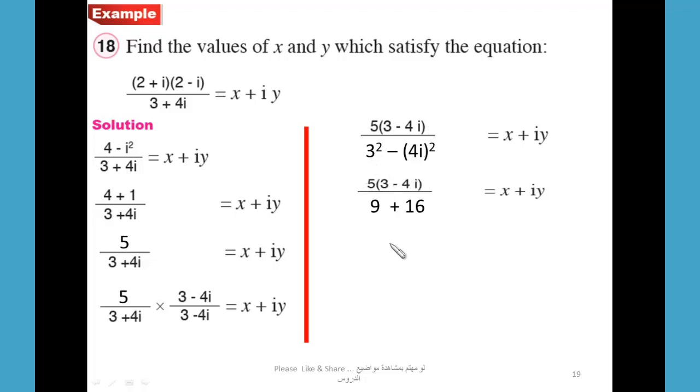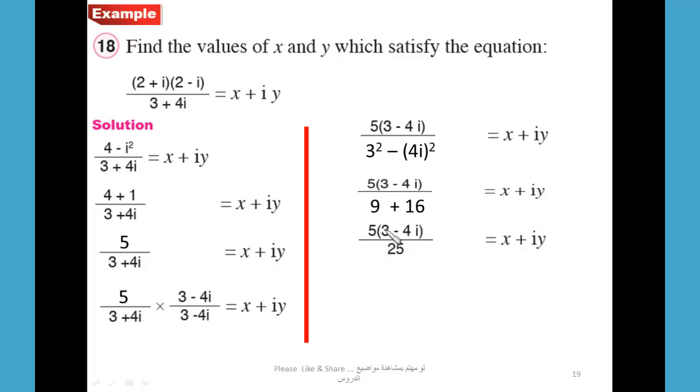It is 9. What is the value of 4i squared? It is negative 16. Negative 16 multiply negative will be positive 16, as the value of i squared is negative 1, so we must change this sign. 9 plus 16 equals 25. Notice that we got a real number in the denominator by multiplying up and down by the conjugate.